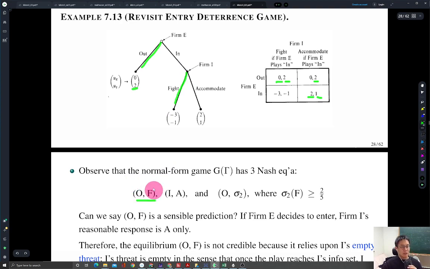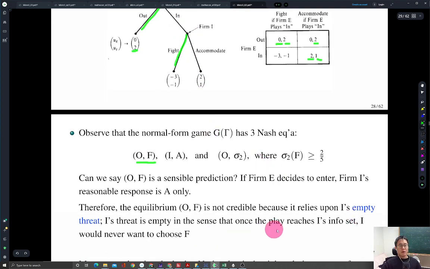But this Nash equilibrium is based on an empty threat, requiring the incumbent to play a non-best response at this unreached information set. So we formally call such a play, playing a non-best response at the unreached information set, an empty threat, or non-credible threat. So the I's play, playing F, is an empty threat in the sense that once the play reaches the incumbent's information set, the incumbent is willing to change his strategy because he never wants to choose to fight.